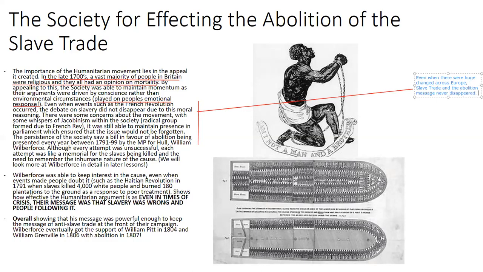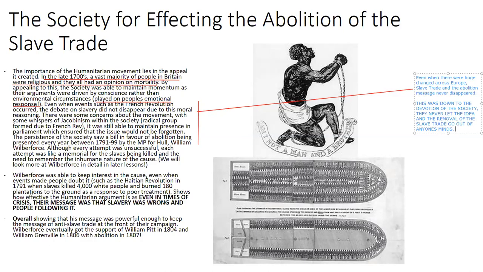And a lot of people could say this was down to the devotion of the society. They never let the idea and the removal of the slave trade go out of anyone's minds. So the fact they were always there, giving pamphlets, producing propaganda, shows that they were always vital to the actual abolition of the slave trade.